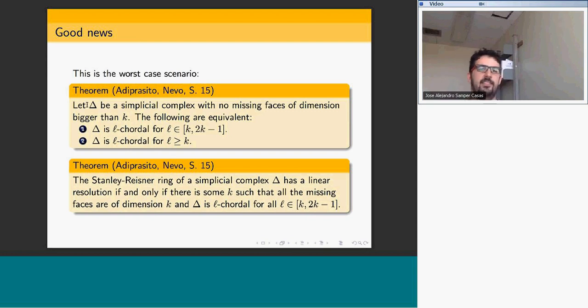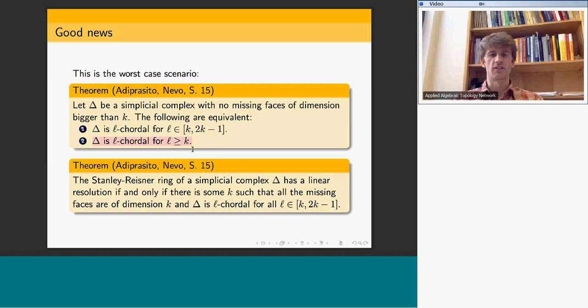So we can say that for a complex with no missing faces of dimension bigger than k, so we fill all high dimensional holes, the following are equivalent: Delta is l chordal for l up to 2k minus 1, so it's of chordality forever. And that's the graph case, because if you plug in k equals 1, you get that if it's one chordal, then it's chordal forevermore.